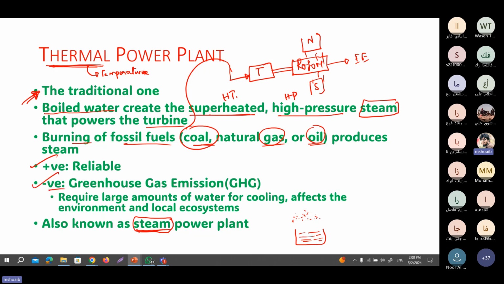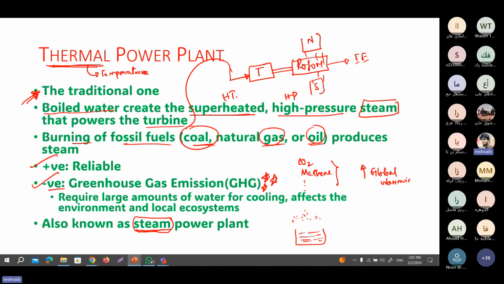But it has some negatives also. They produce greenhouse gases. Greenhouse gas emission is a big concern for this type of power plant, because I think most of you know there are gases like carbon dioxide and methane, and some other types of gases. These greenhouse gases can create harm in the ozone layer we have, which allows the sunlight or the heat to come directly towards the earth, and that causes global warming.